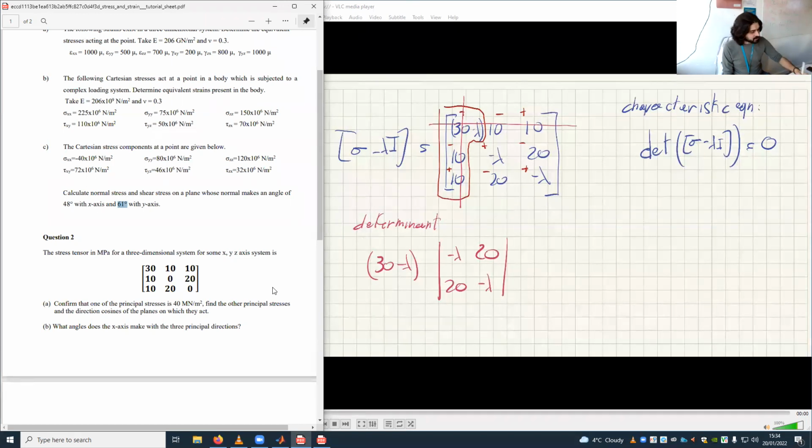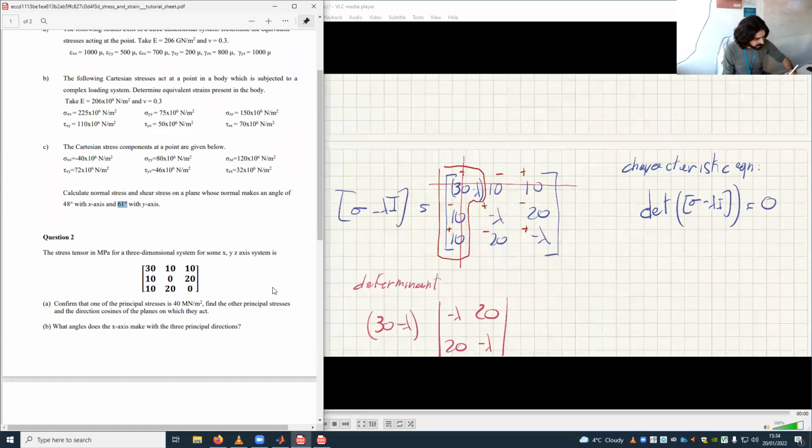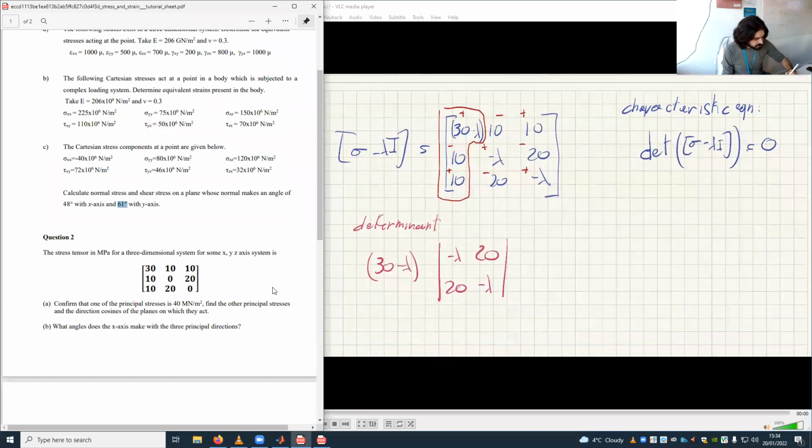Then we have to add, well, this is the first element. Now on this column, there is another element. There is minus 10. So minus 10 times the determinant of the matrix that I find by removing the row and column where 10 lives. So this matrix here is 10, 10, 20 minus lambda.